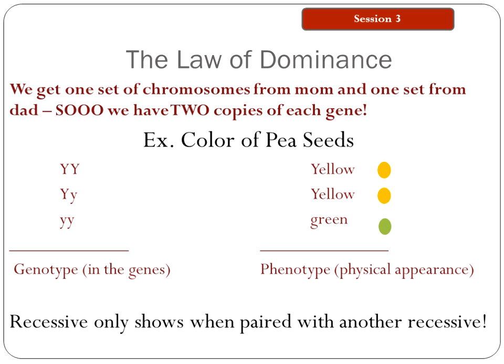But you can still pass that green color on to an offspring. So you could have offspring with green, because it's hidden. If you get two green genes, then you have green seeds.